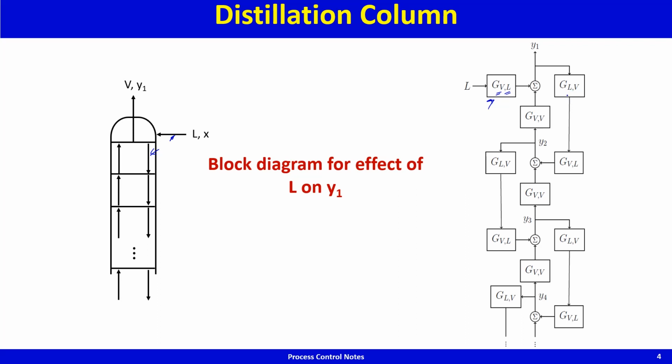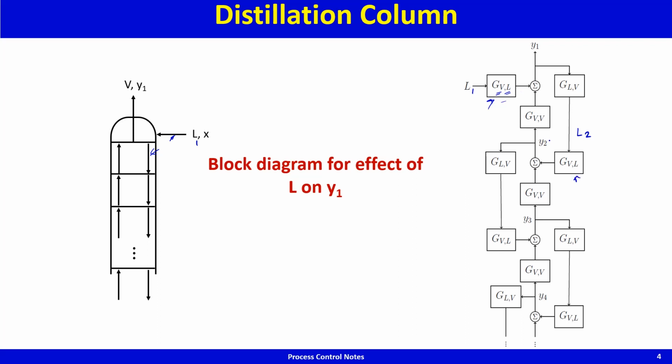So the liquid goes on to the next tray, and because the liquid onto the next tray is changing, if this is L1, this is liquid going on to the next tray. It affects the vapor through GVL, like here.